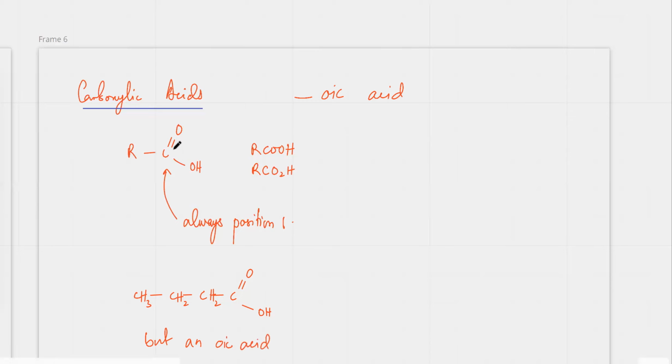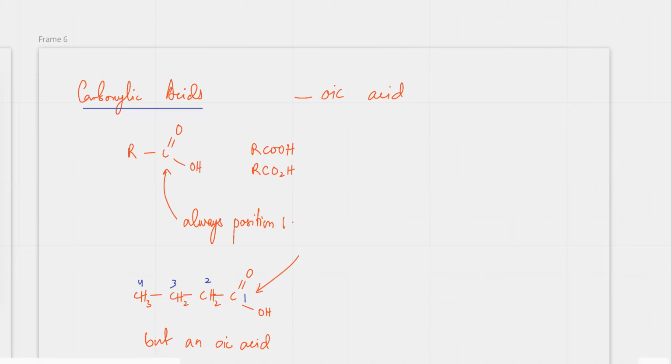No need to give the position. This is carbon number 1 by default, always. So you don't have to give the position of the carboxylic acid group. It's never going to come in the middle in the first place. It's always attached right at the end, or at the start, which is kind of the same thing.